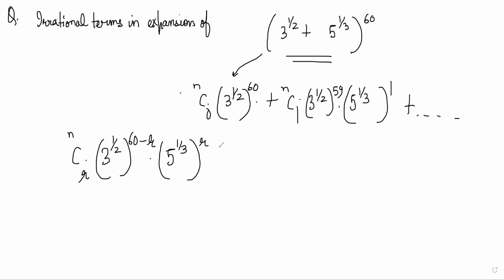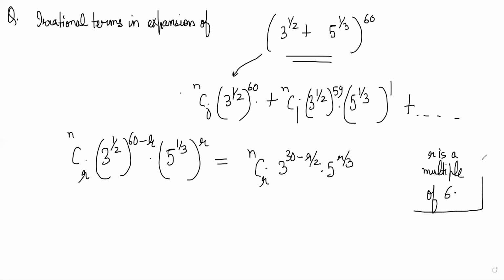So this rth term is NCR 3 power 30 minus R by 2 and 5 power R by 3, right? So whenever R is a multiple of 6, half and 1 by 3, whenever it's a multiple of 6, what will happen? That time both the fractions will be fine, right? So it will be rational. Correct. That will be rational, right?